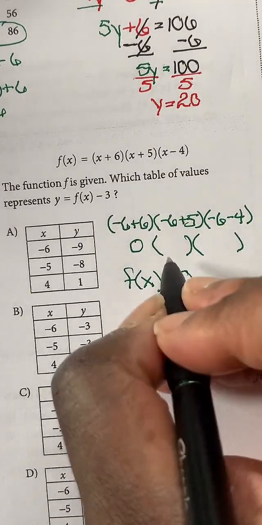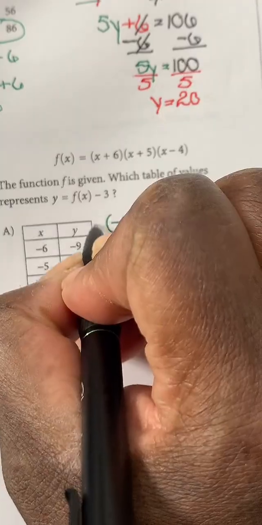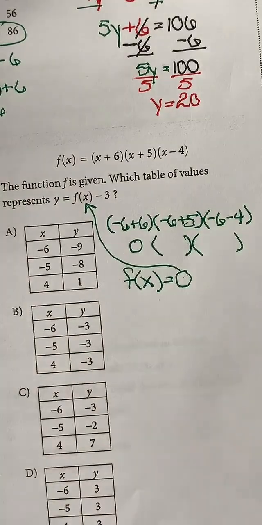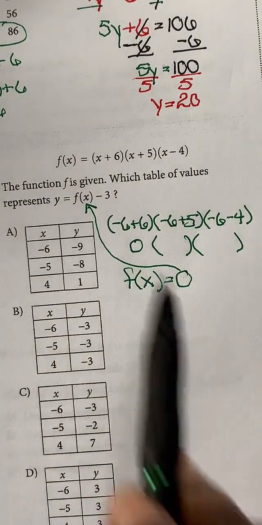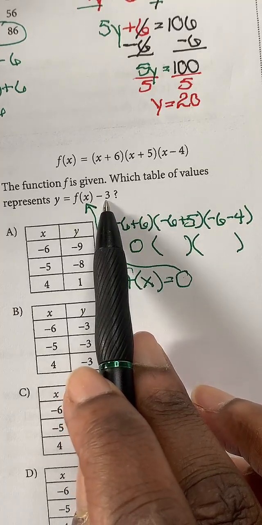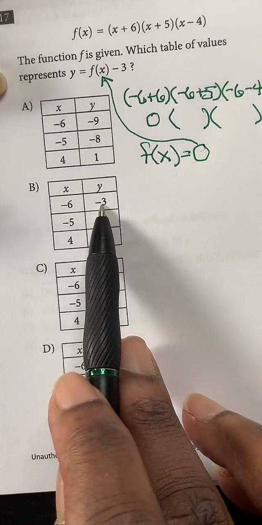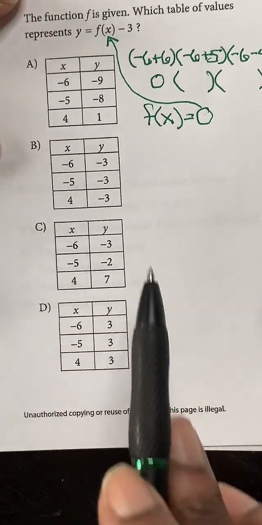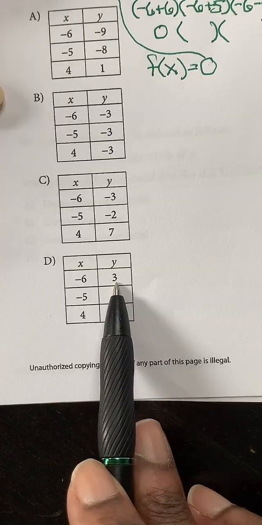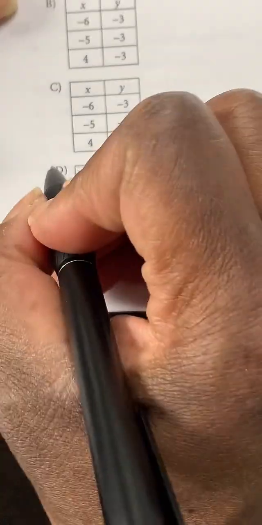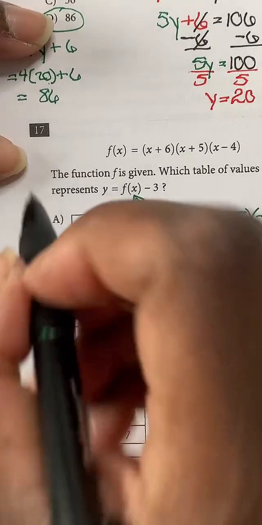If I take this answer of 0 and plug it into that second equation, I'm going to get a -3. But this one says -9. This one says -3, this one says -3, this one says +3. So right away, D is gone and A is gone.